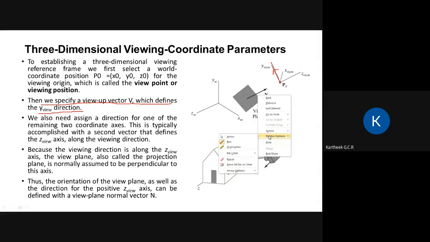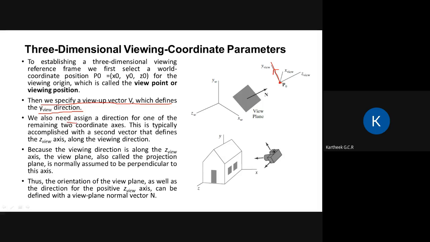And we also know the position where the viewer is, and where the camera is looking at.